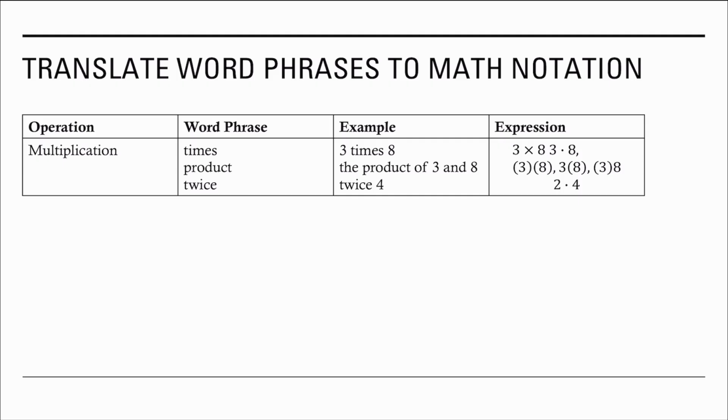And so we can get things like 3 times 8, or the product of 3 and 8, or twice 4. And you can see on the right hand, on the expression side, we've got a bunch of different notations. They all mean the exact same thing. And so just getting used to having those phrases as well as those expressions is very important.